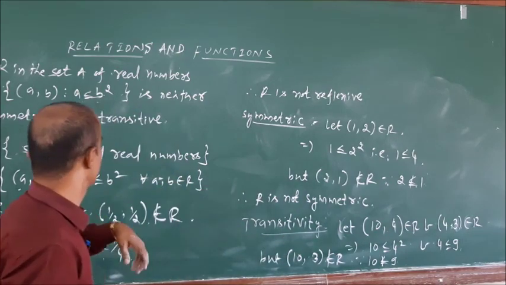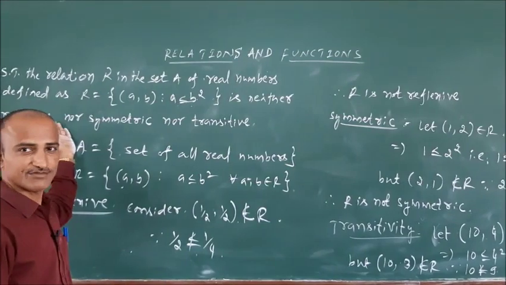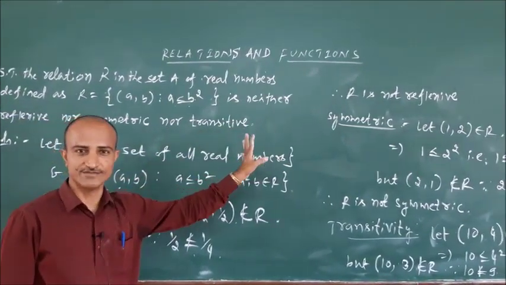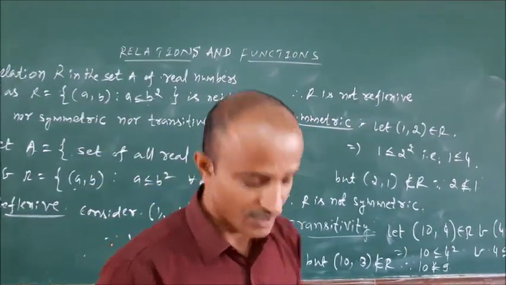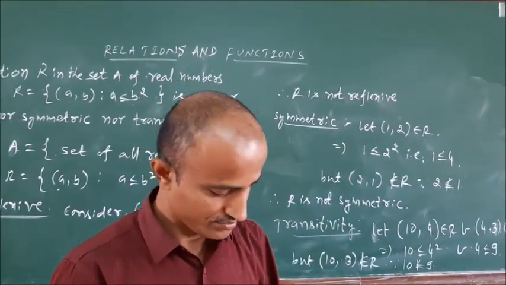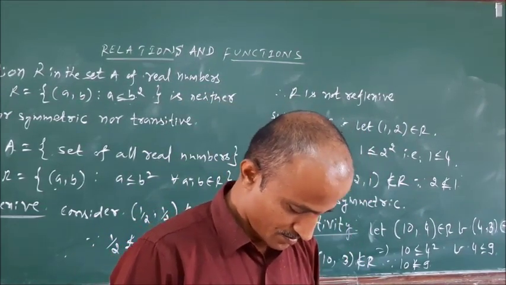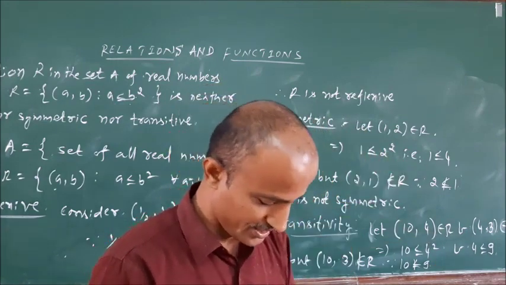Now conclude it: clearly the given relation R is neither reflexive nor symmetric nor transitive. This is how to solve the given problem. Now we will see one more example. It is a little bit different from the past two questions.